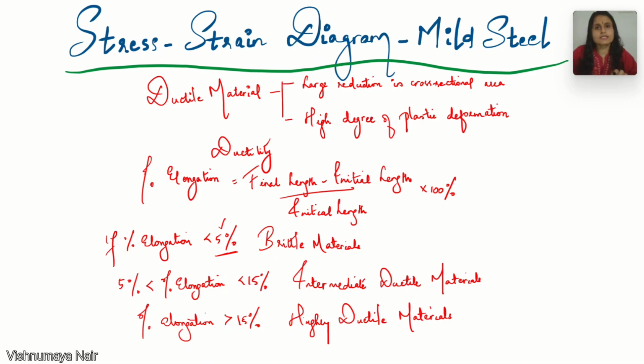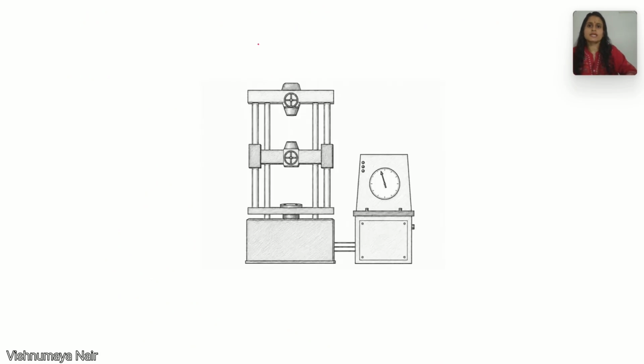So for plotting the stress strain curve or stress strain diagram, we will be conducting a test known as tension test or tensile test on the specimen. And this test will be conducted using a machine known as Universal Testing Machine or UTM.